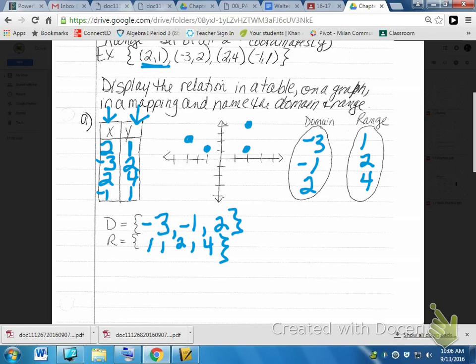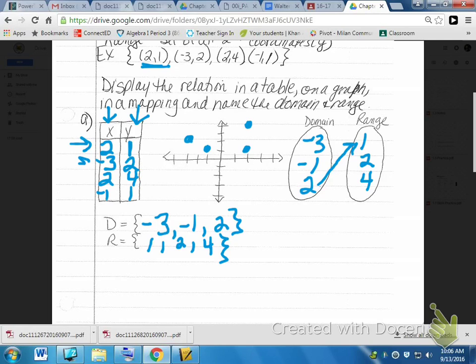This is how you do a mapping. Mappings always go from domain to range, from left to right. So I look at my first point, 2, 1. So from 2, I draw a little arrow up to 1, just like that. -3, 2.